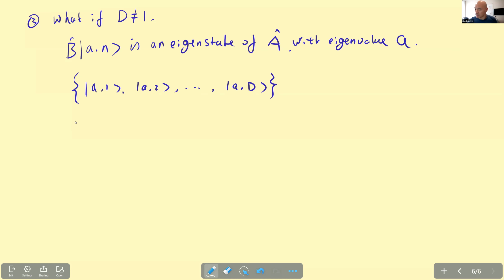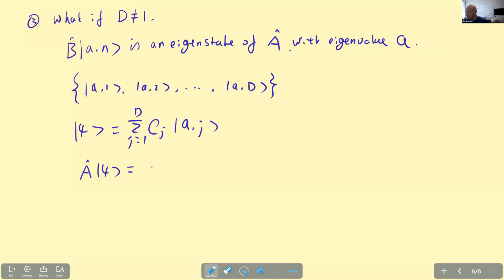and if we have a state psi written as a superposition, the sum of Cj and Aj for j equal to 1 to d, then A acting on psi equals A acting on the summation over j equal to 1 to d of Cj Aj.